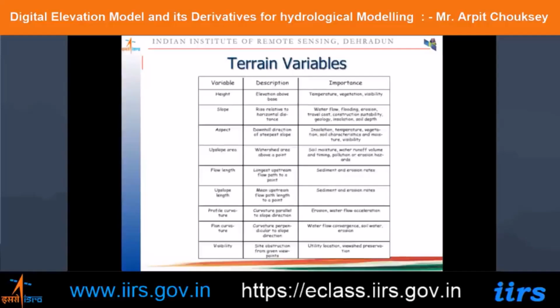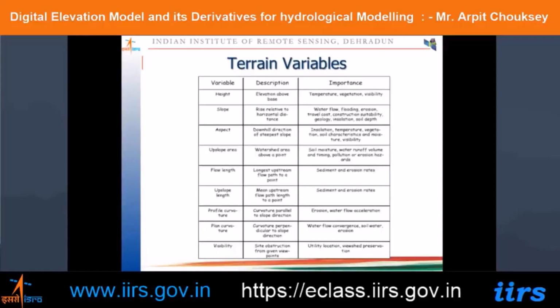So how to remove these errors? For example, a sink is showing a very low elevation relative to the surrounding cells. Suppose a 3 by 3 matrix is there, and the center pixel is showing the lower elevation value.